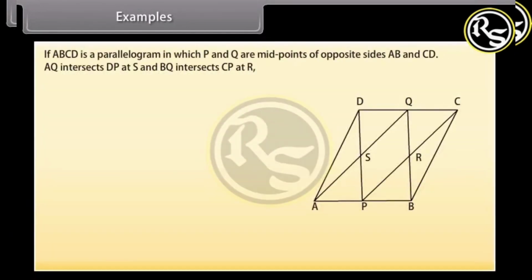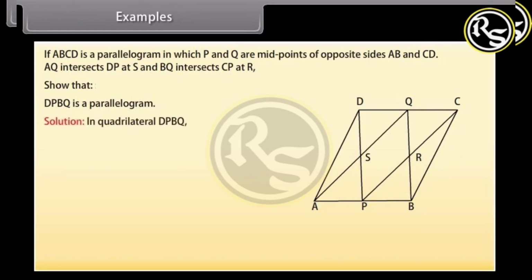Example: ABCD is a parallelogram in which P and Q are midpoints of opposite sides AB and CD. AQ intersects DP at S and BQ intersects CP at R. Show that DPBQ is a parallelogram. Solution: in quadrilateral DPBQ, DQ is parallel to PB since DC is parallel to AB.